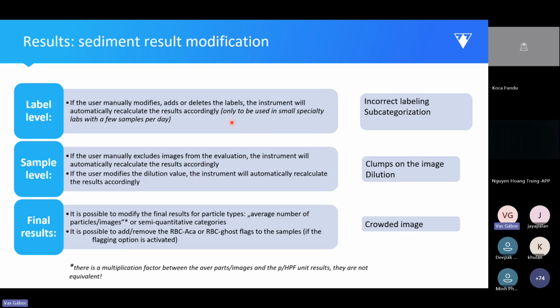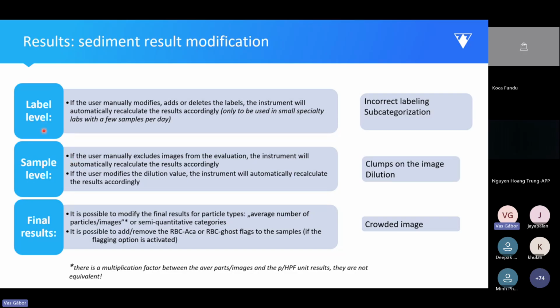We of course recommend this for small specialty labs where you have a few samples a day. You don't want to do this, and luckily you don't need to, because the automated labeling is accurate enough.